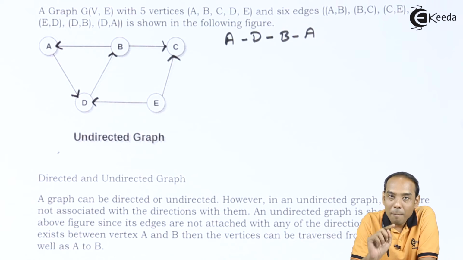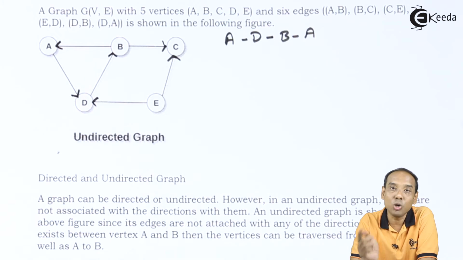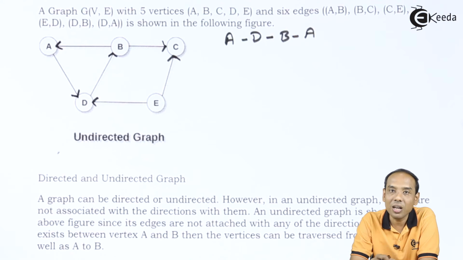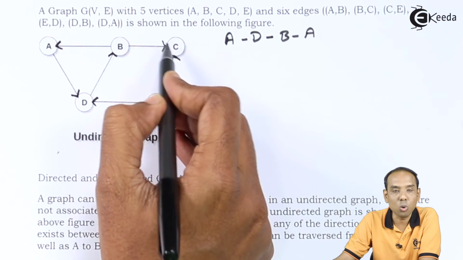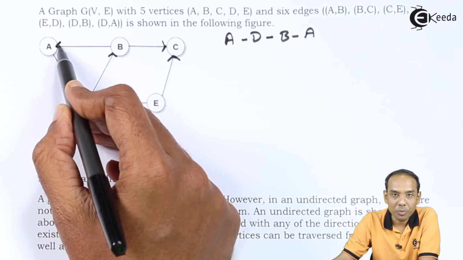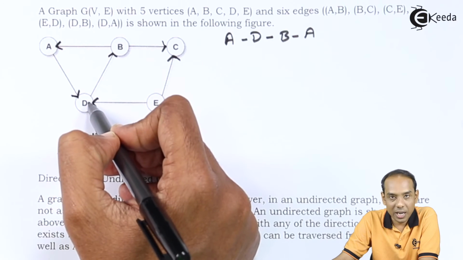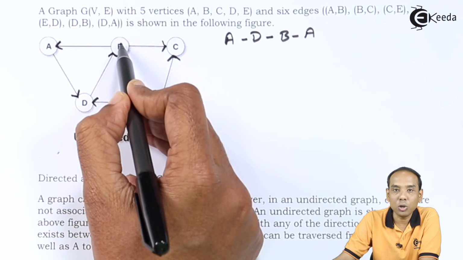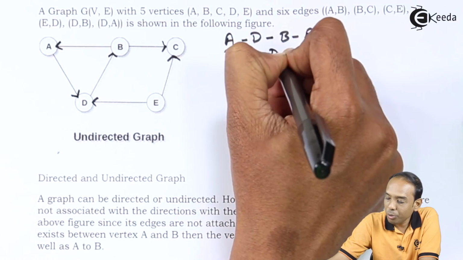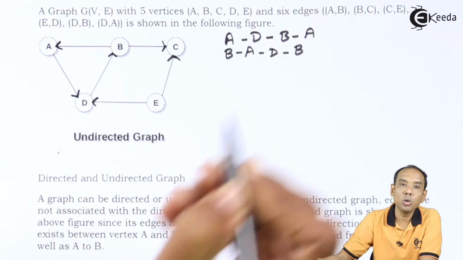We can go from B to C, but we cannot go from C back to B. If it is an undirected graph, we can obviously move from B to C and C back to B. Since it's a directed graph, we cannot move back from C to B. So this path won't hold true. Let us go for another path. We have B to A. From A I can move to D, and from D I can again come back to B. So our path becomes B to A to D, and from D back to B.